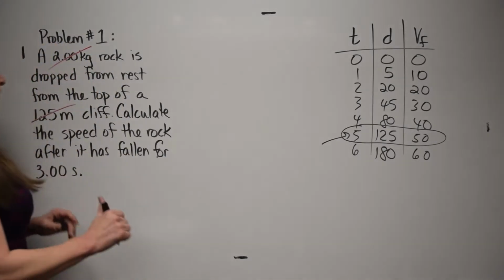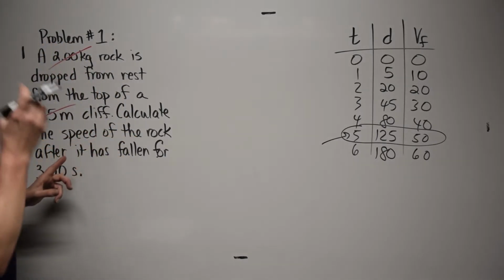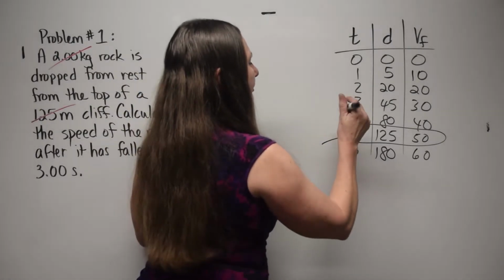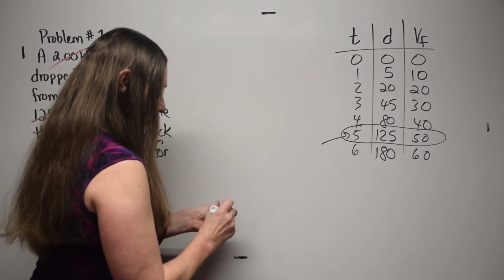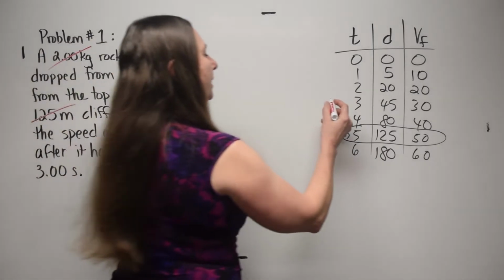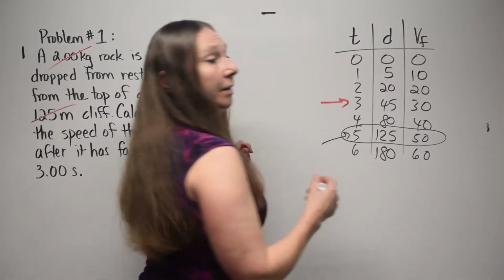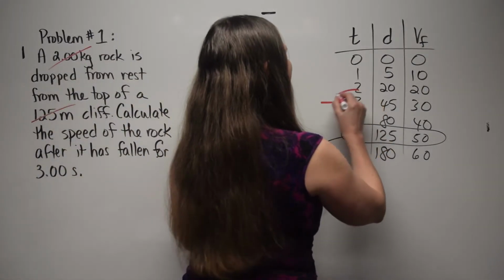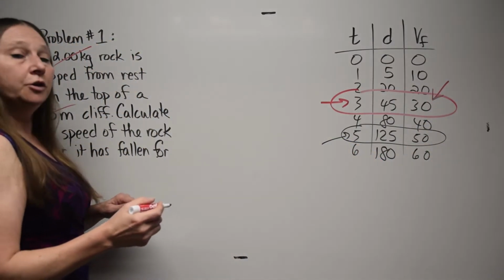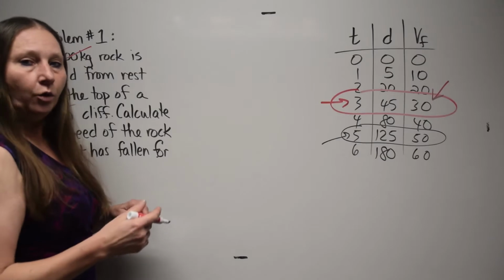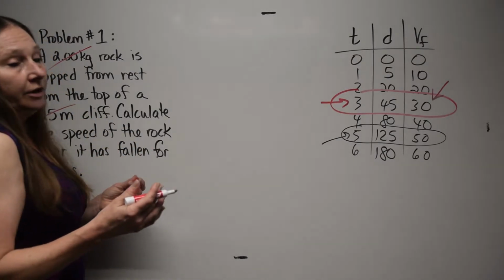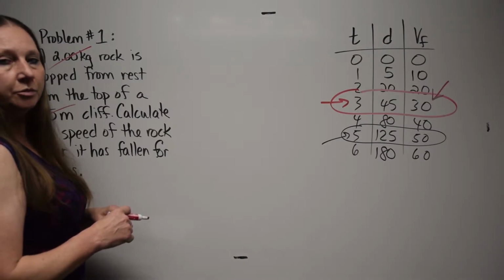I want to know the speed of the rock after it has fallen for 3 seconds. Well, from the magic chart I know that the speed of the rock is going to be 30 meters per second, and it's fallen down 45 meters, not the full 125. So I already know the answer is 30 meters per second.